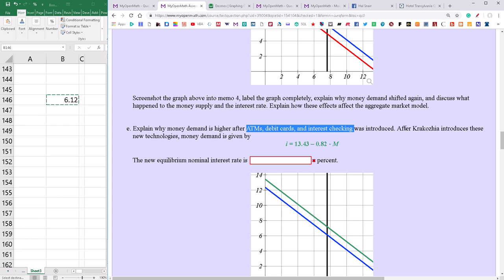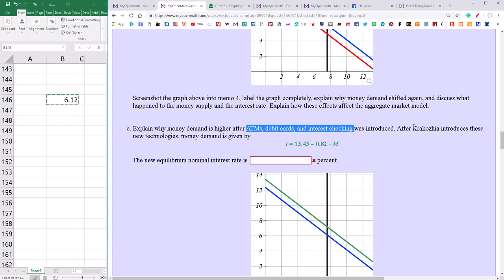But once ATMs, debit cards, and interest checking are introduced into an economy, now all of a sudden people have more access to their checking account, right? So this tends to increase the demand for money. So at any given interest rate, people are going to want to hold more money because now they have an easier way to access it.